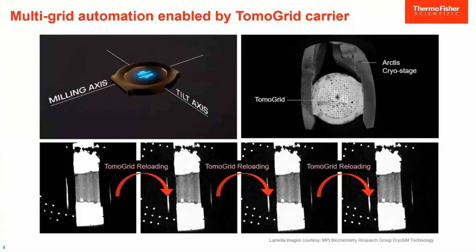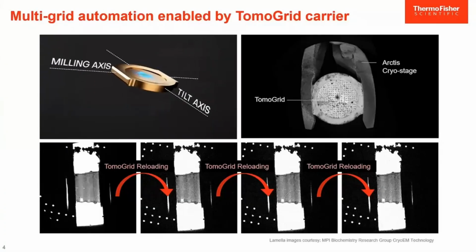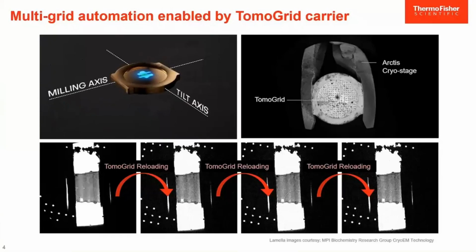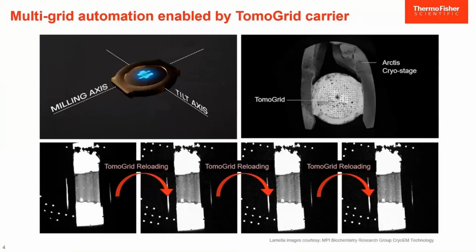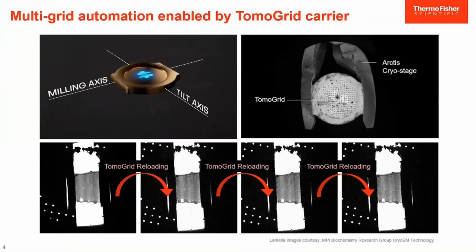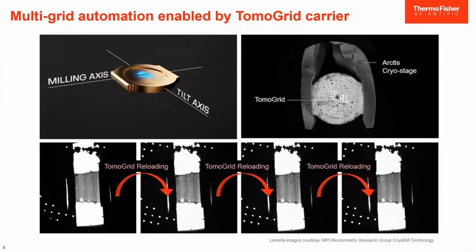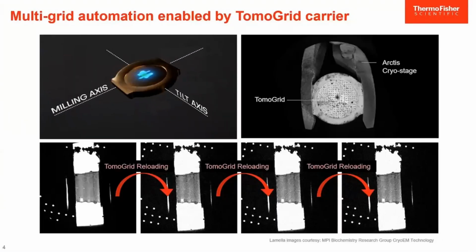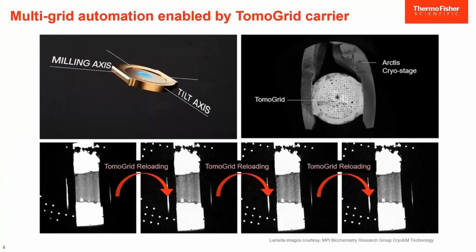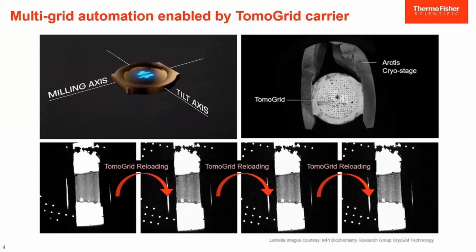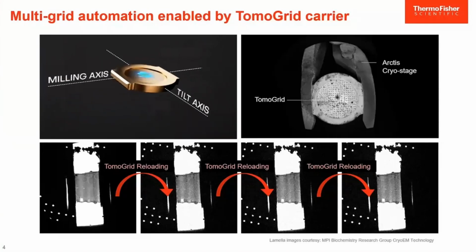Here we have loaded and unloaded the same crit multiple times with the robotic loading system of the autoloader, and in each case, the tilt or the milling axis remains constant. So this is truly enabling multi-crit workflows and a very important development for cryotomography.